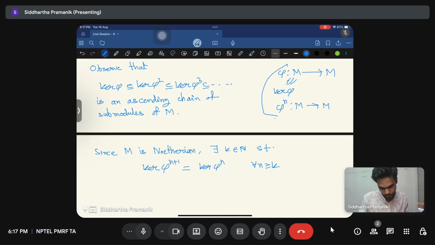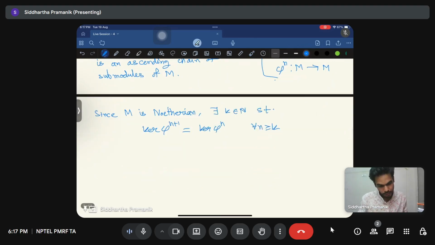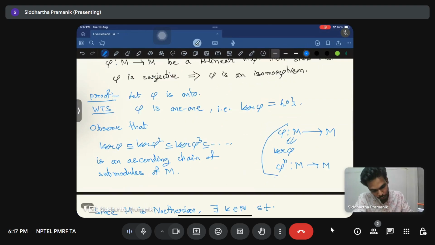Okay, now let's focus on the kernel. So we want to show that this kernel is 0. So let's take an arbitrary element and prove that that element is 0.